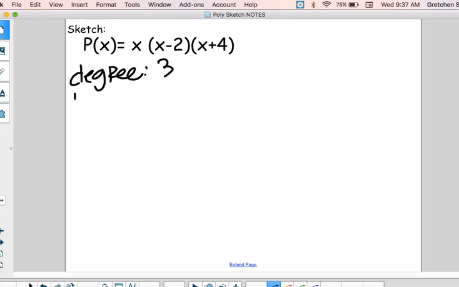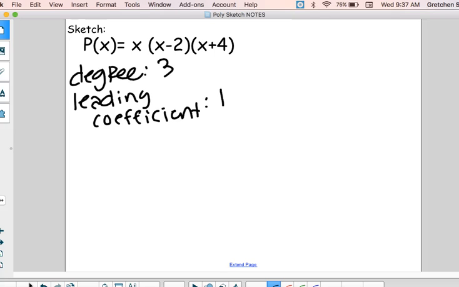Next thing, do the leading coefficient. I will never again write out leading coefficient. I will write LC, which stands for leading coefficient. Do we have a positive or a negative in front? Positive. Those two together give you your end behavior.